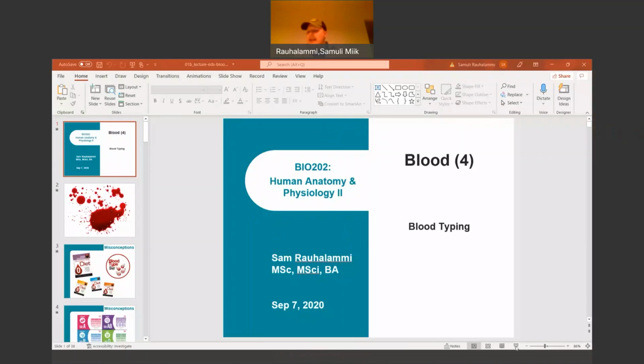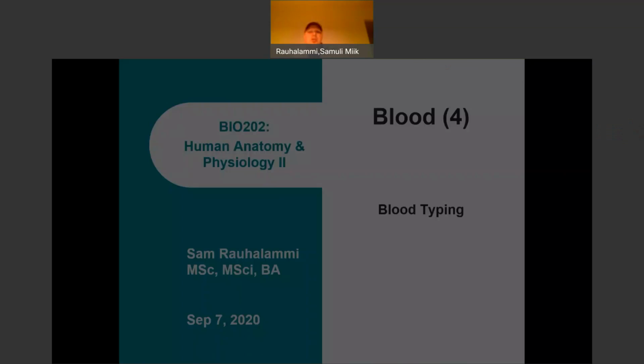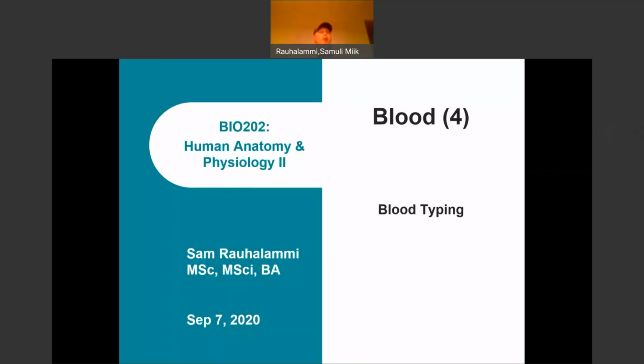We use this in the class, and it's going to follow very closely what you already saw in the class, but I think it's a good way to get us oriented on how to tackle this particular lab. So the lab that we're looking at when we're talking about blood typing, we're going to be focusing largely on what's going on with the red blood cells and what's going on in the plasma of the blood.